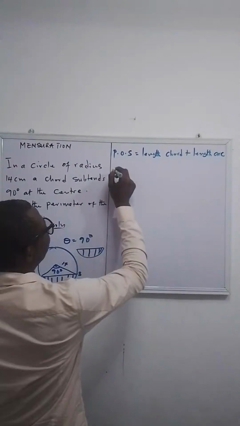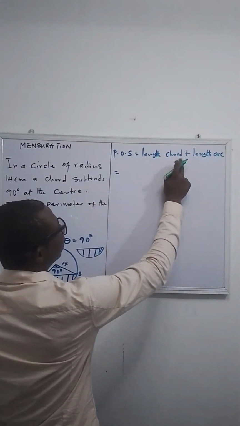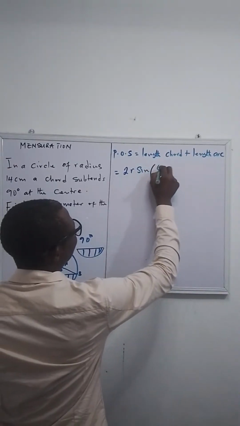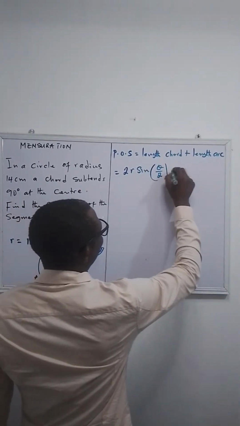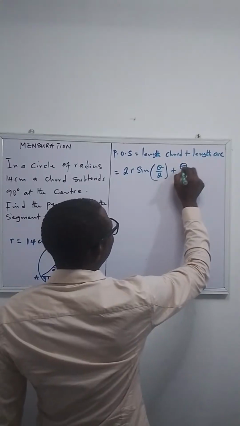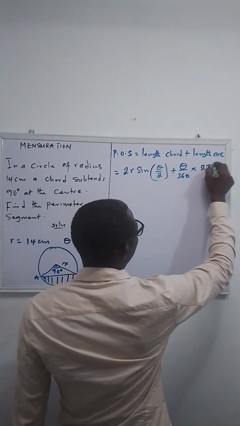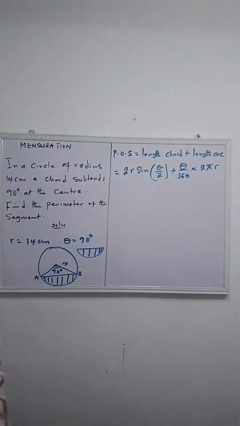Whichever one. What is the formula for length of chord? That is 2r sine theta over 2, plus the length of arc, that is theta over 360 times 2 pi r. So this is the formula. We can just plug in all these values.